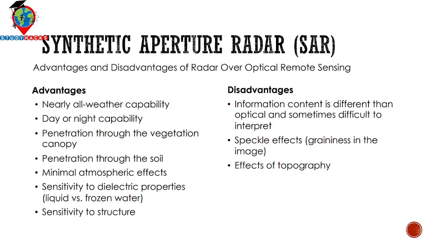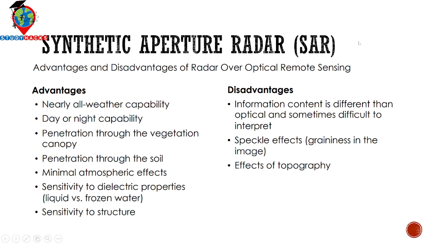Day or night capability: we can get images day or night using SAR data. Penetration through the vegetation canopy and through the soil, minimal atmospheric effect, sensitivity to dielectric properties, liquid or frozen water, and sensitivity to structure.